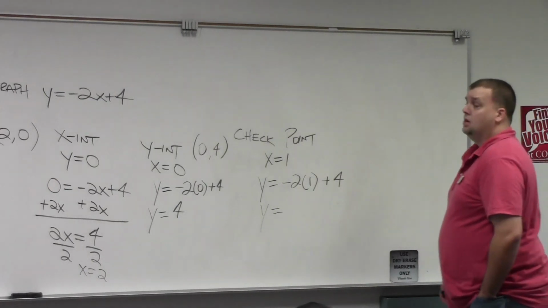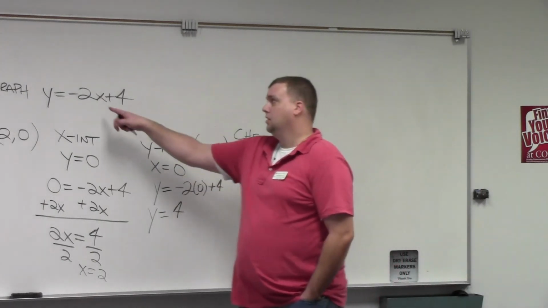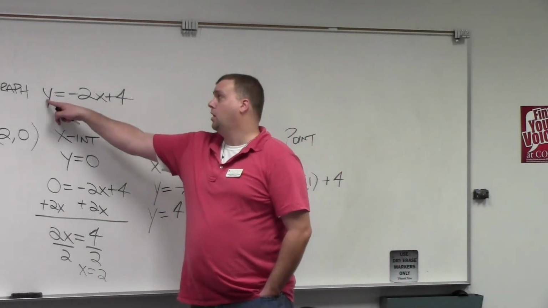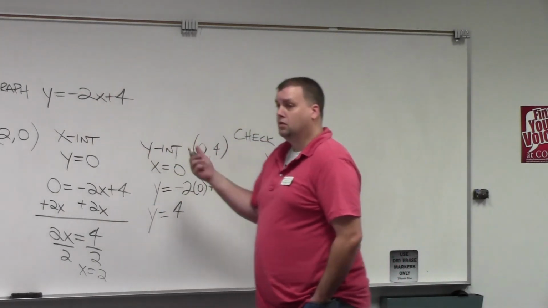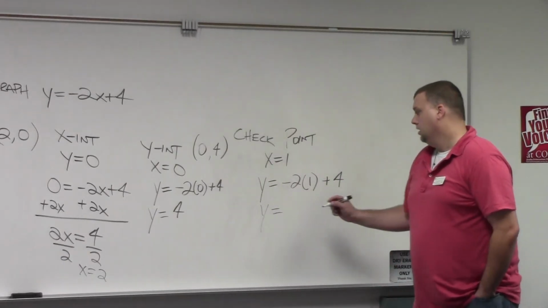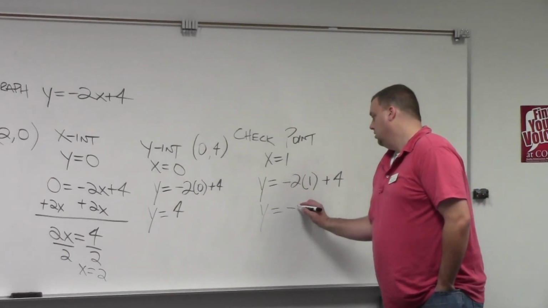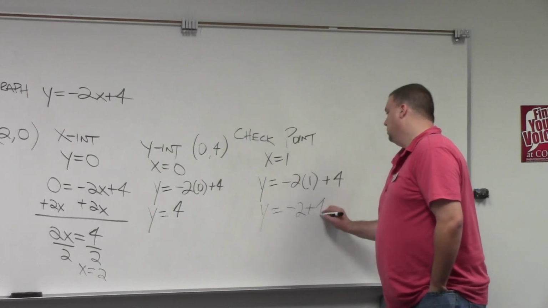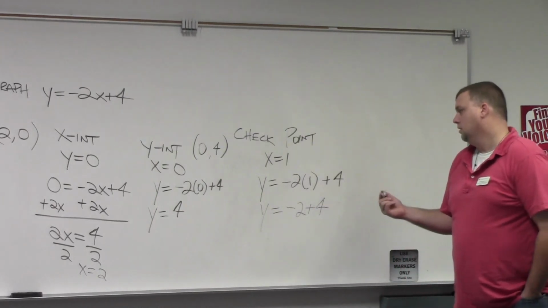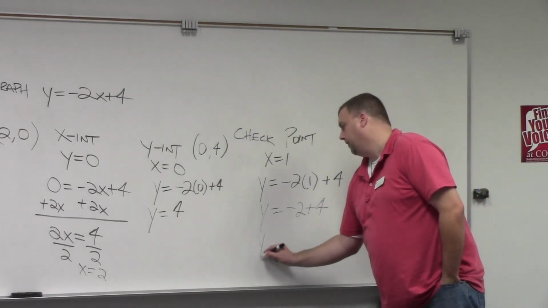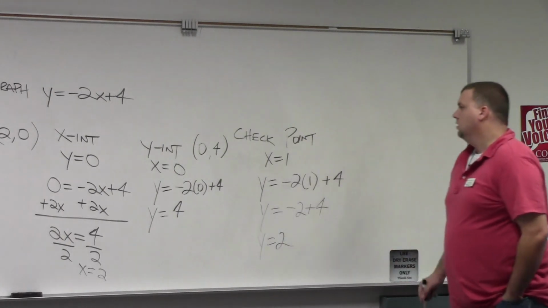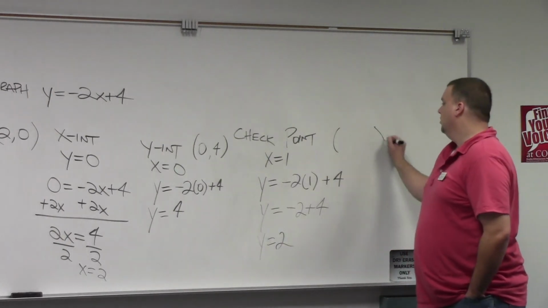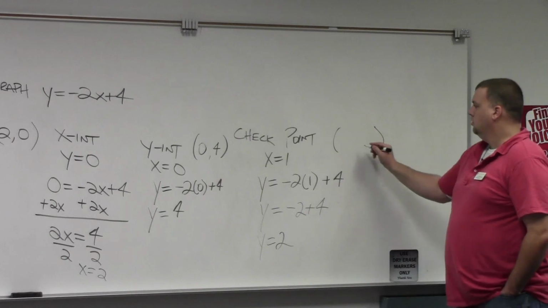You could have picked y, but x is really easier to plug in here. Because if I plug in a number for y, I'm going to have to move a whole bunch of stuff over. So it'll be negative 2 plus 4. That's a negative 2, my bad. So my checkpoint will be 1, 2.